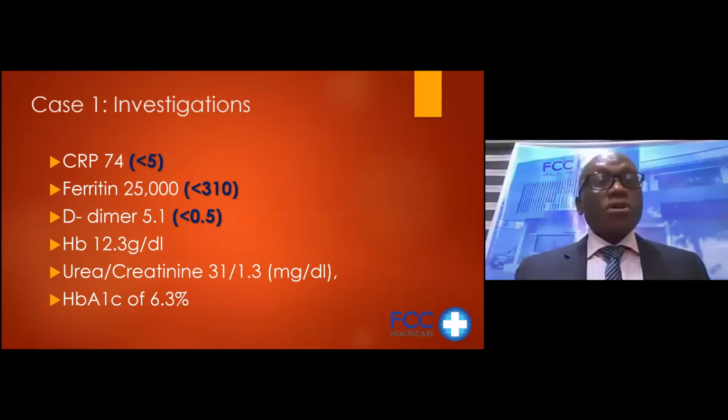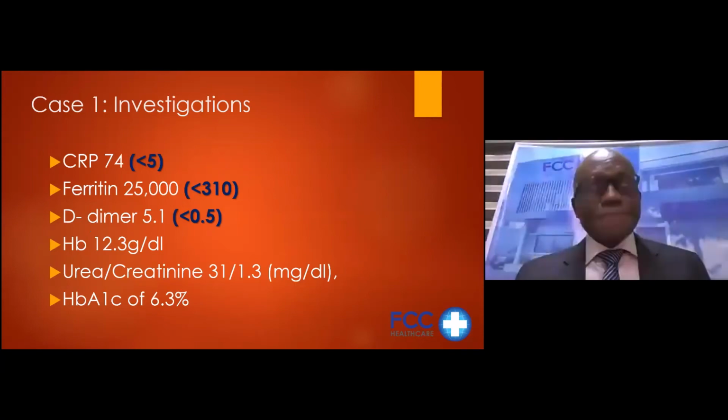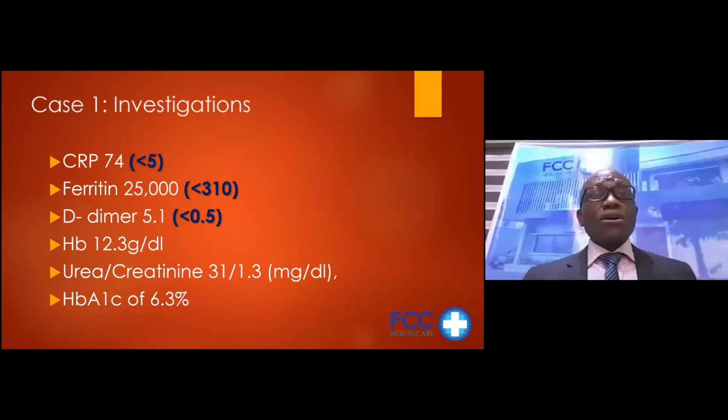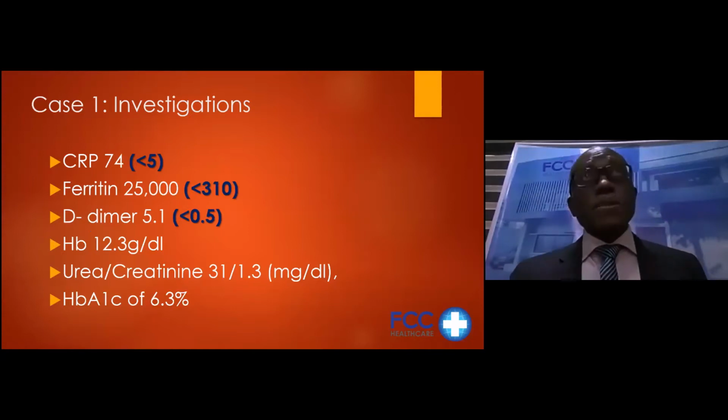On doing the labs, which help us stratify the intensity of their inflammatory and cytokine response, we found this man already had serious markers of inflammation. Ferritin was 25,000. The upper limit of normal is 310. And the D-dimer was 5.1. Upper limit of normal is less than 0.5.